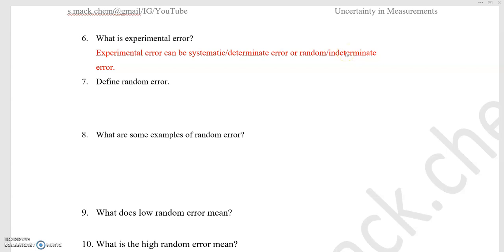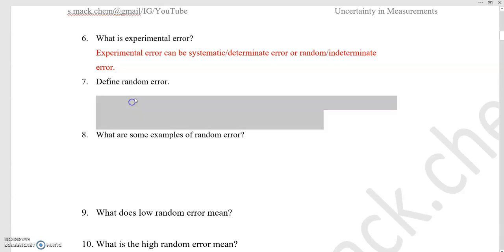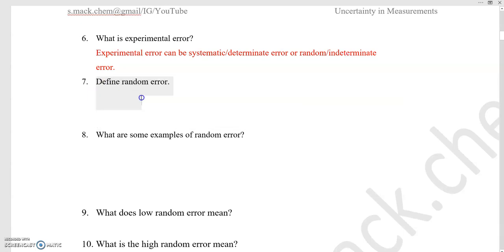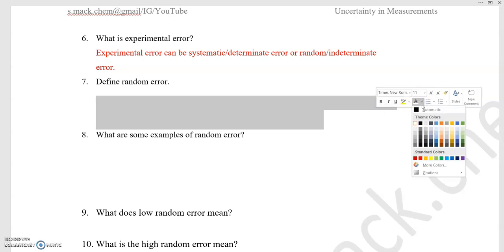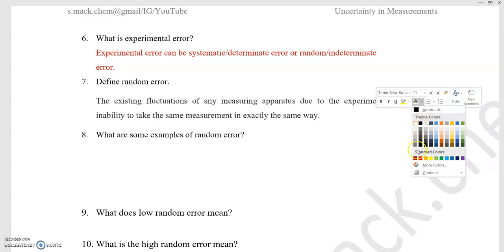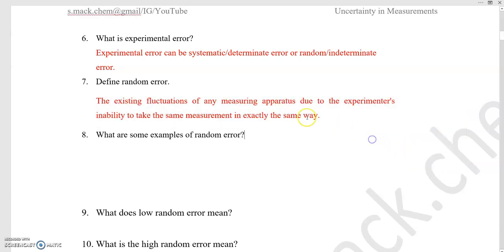We're going to go on to talk about random errors in more detail, and we're going to jump right in with our definition of a random error. Now, by the term random, it should mean it is any error which occurs in an experiment which is uncontrollable. Now, this is inclusive of any fluctuations in a measuring apparatus, for example, an electronic balance, a pipette, a burette.